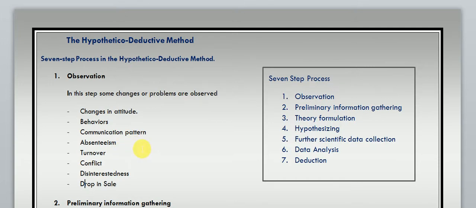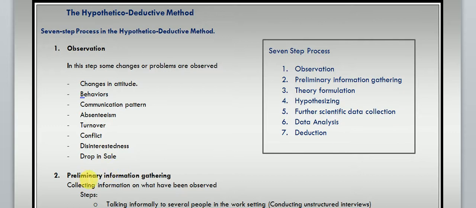That is why we try to resolve the problem. Whatever problem we notice or observe, we should resolve it. So in this hypothetico-deductive method, the first step is observation, where we sense a problem, we feel something is wrong.